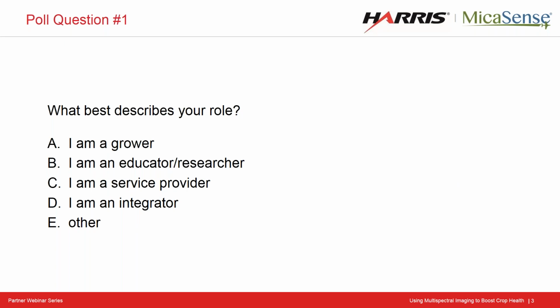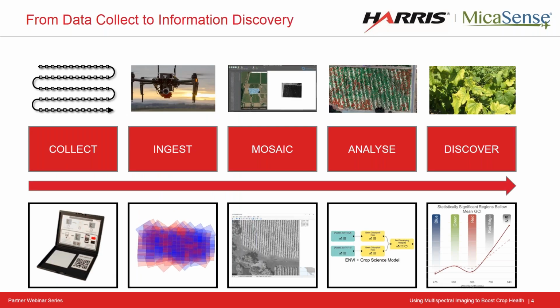And we will move into a brief overview of what we're trying to do today. So the goal of today's webinar is to take you from data collection to information discovery, and along the way, introduce you to the power of the MicaSense RedEdge multispectral camera and the capabilities of the ENVI tools for precision agriculture.